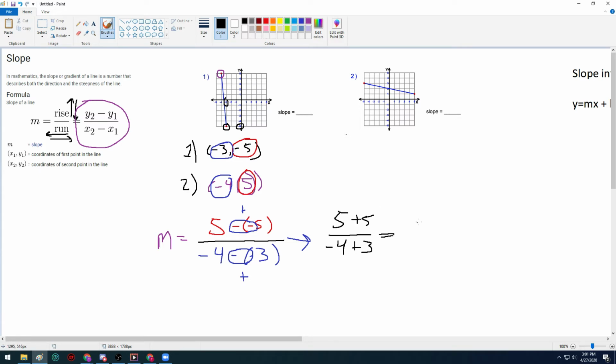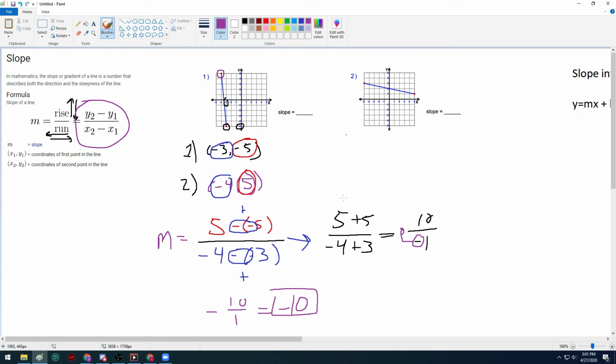Well, it's going to equal 10. And our bottom, -4 plus 3, is indeed -1. Now, please keep this organized because we can just bring this negative out to the front of the equation to make it look like this: -10 over 1, which can be simplified down to -10. So our slope is equal to -10.